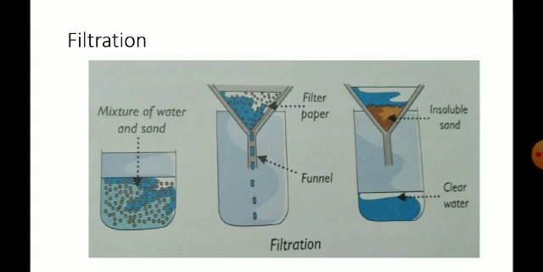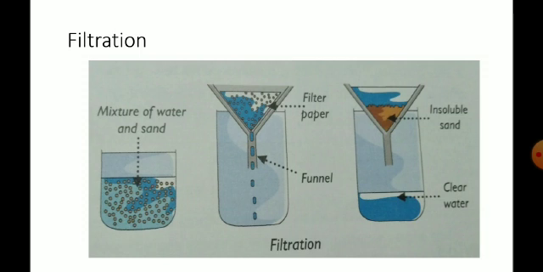A filter paper has very fine pores, holes, to allow only the liquid to pass through, and the fine particles remain on the filter paper. So only the insoluble substances are left behind on the filter paper. So what is filtration? The separation of fine insoluble particles from a liquid using a filter paper is known as filtration.